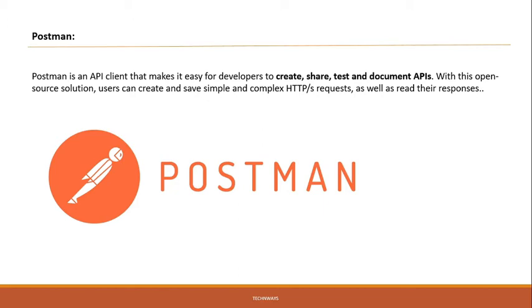We can create, save, share, test and document APIs. Here, APIs means web APIs and microservices; those kinds of APIs we can test in this client. It provides a convenient, user friendly interface to run those APIs, creating the request and getting and understanding the response from the APIs.